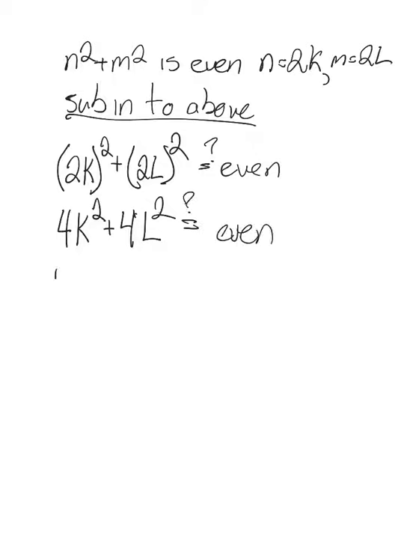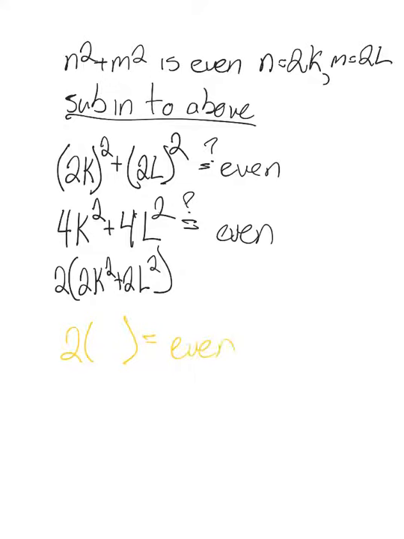If we pull out a 2 from here, we're left with 2 times (2k squared plus 2l squared). But if we look back to what we previously said, that 2 times any number is even, where any single number can be represented by, let's say, x, 2 times any x is even.